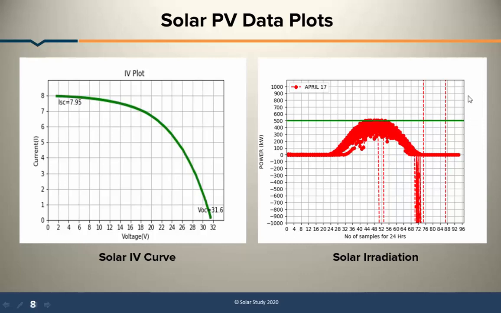The SCADA or data acquisition system will acquire and store all the sunlight irradiation data from morning till night. Suppose it starts at 12 o'clock at night and continues till 12 o'clock the next night. You can see here, suppose this is 0, it indicates 12 o'clock at night.